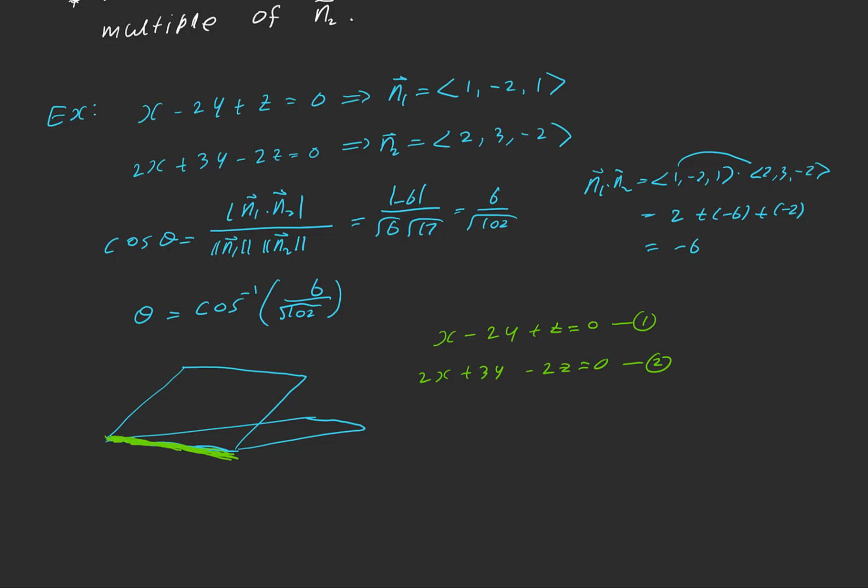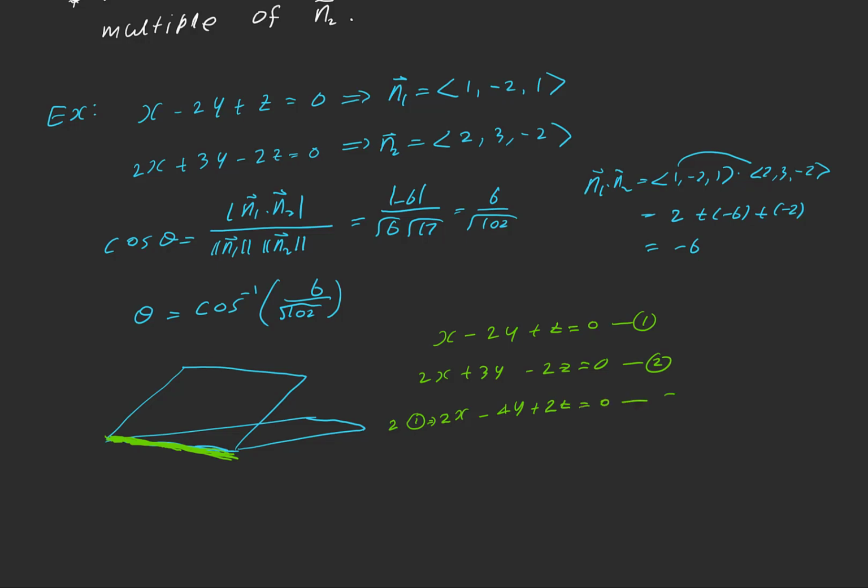So what I do, I use equations 1 and 2, and get rid of one variable. It is easy to get rid of the x variable. I multiply the first equation by 2. Then you will get 2x minus 4y plus 2z equals 0.